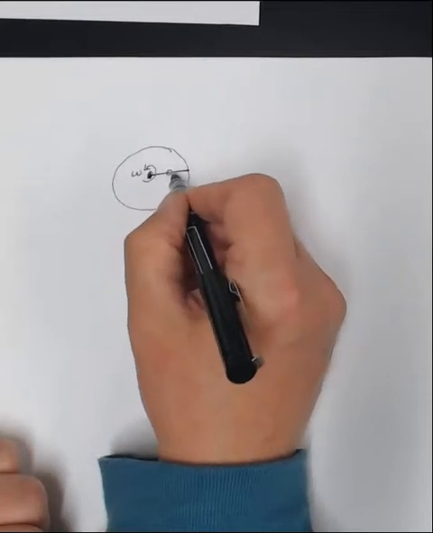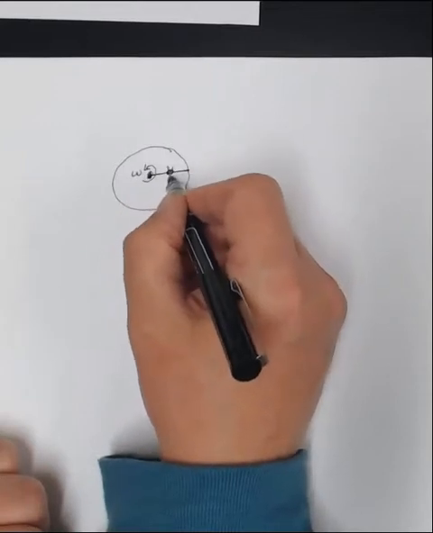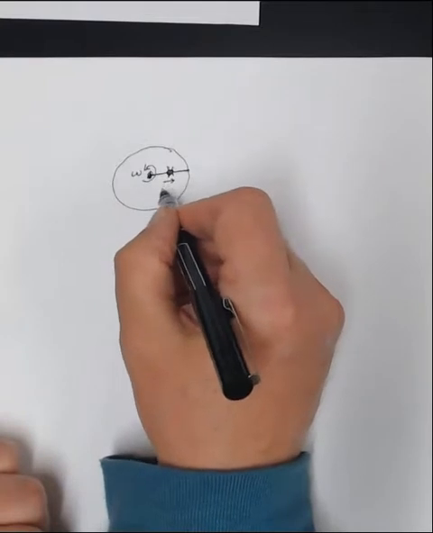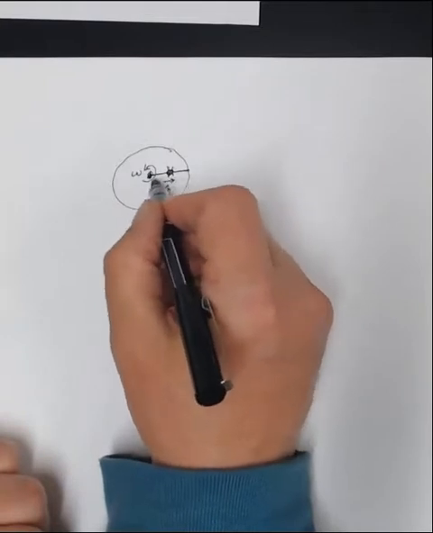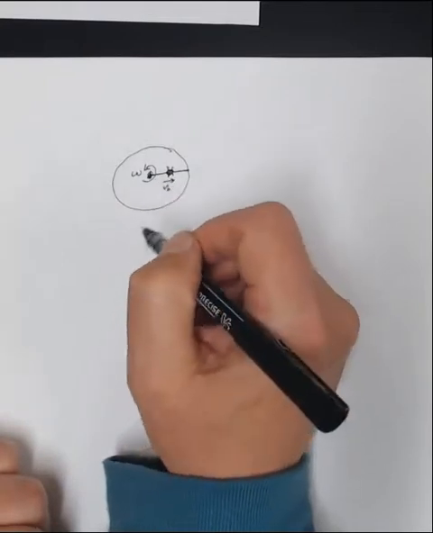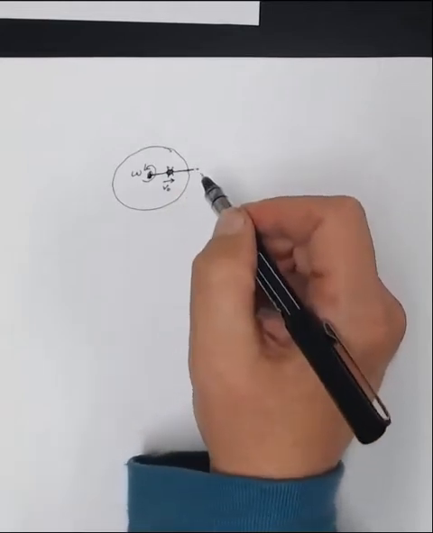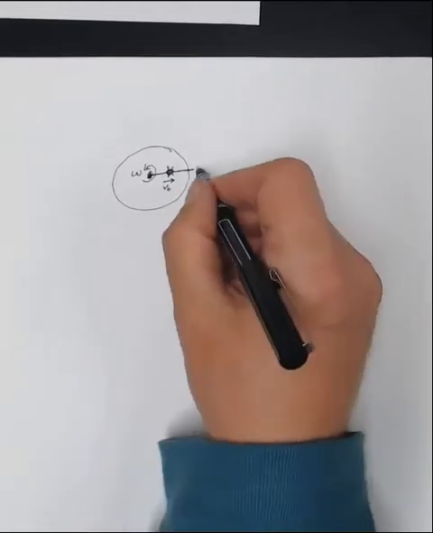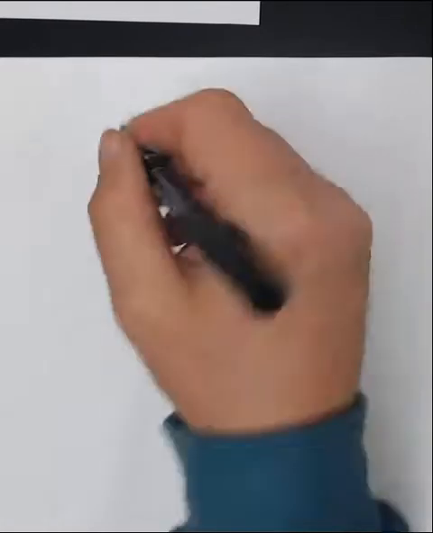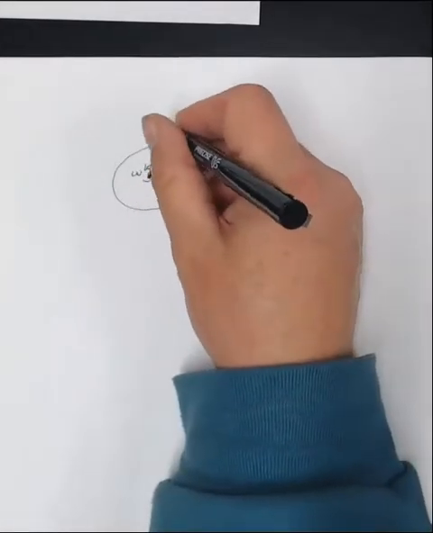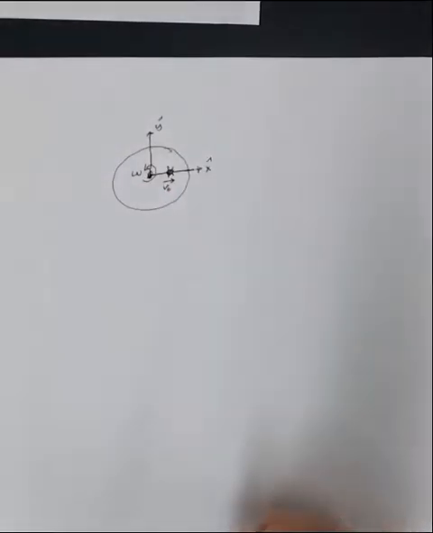And let's say you have a bug moving at a constant velocity v naught in the rotating frame. Let's call this our x direction, the y direction is this way, and z will be up and out of the page.